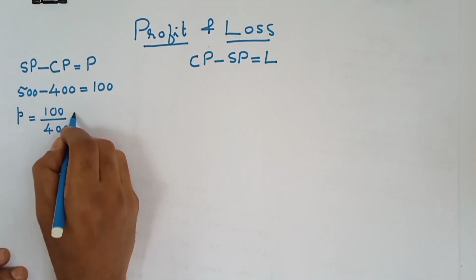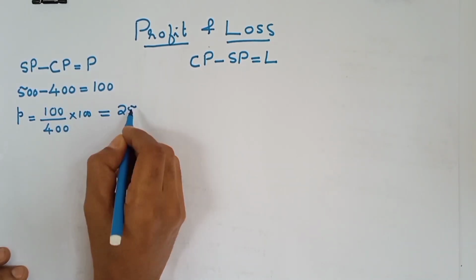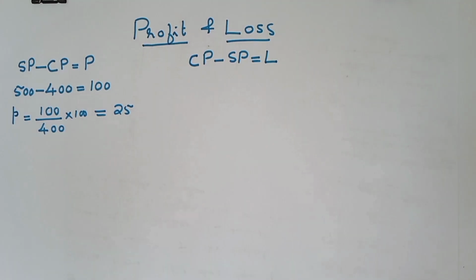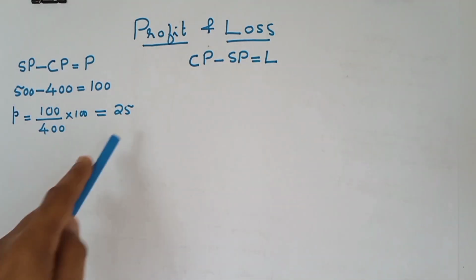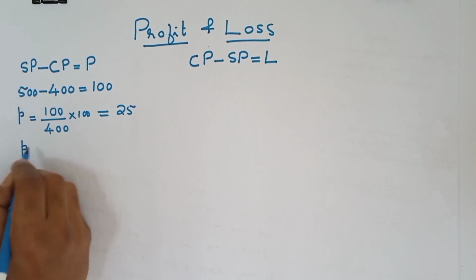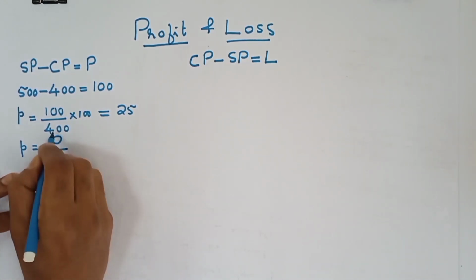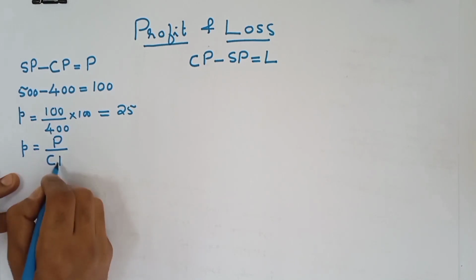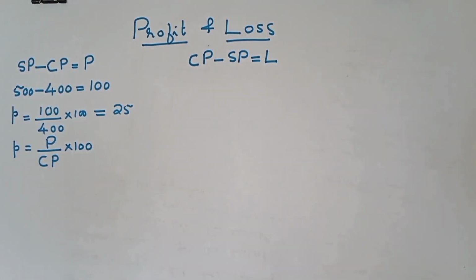So that you write here into 100, which works out to 25. So in this, you can say you made a profit of either 100 rupees or a profit percentage of 25. Now this I may write as p is equal to P, the absolute profit, divided by CP into 100. That's how you convert absolute profit into profit percentage.